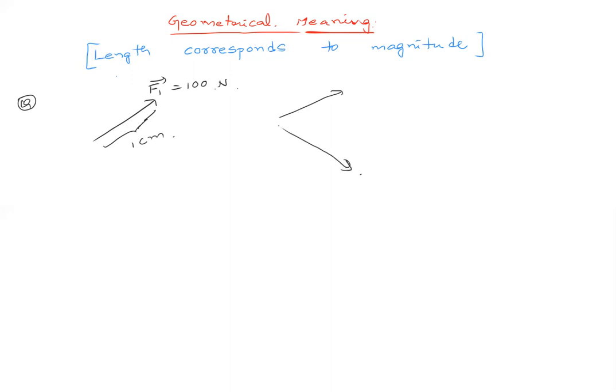Let us say you have F2, which is 500 Newton. Then how much is the length? What is your answer? So 1 centimeter is 100 Newton, so obviously it is supposed to be 5 centimeter. You have to draw a vector of 5 centimeter. Next, let us take another vector whose length is 5.8 centimeter.